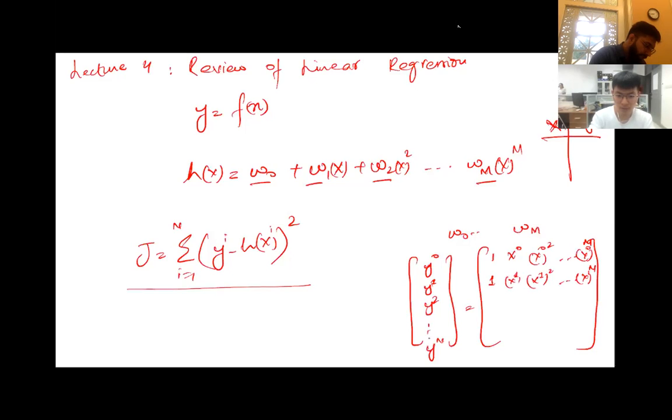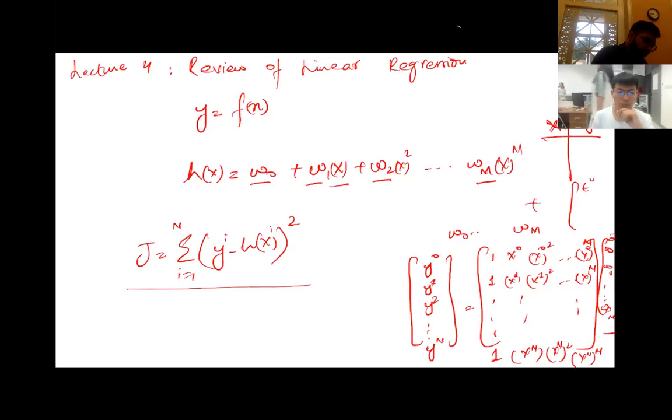You just stack these values for the variable x in a big matrix, and this becomes 1, x, x squared, up to x to the power n, and you have the weights w0, w1 up till wn, plus some error terms e0, e1 up till en.